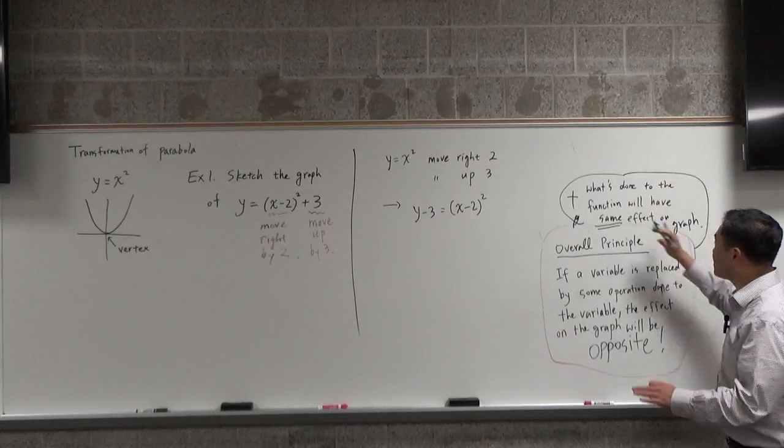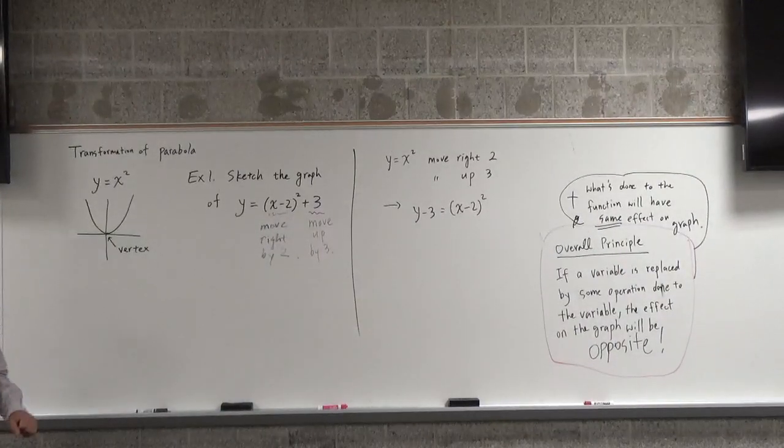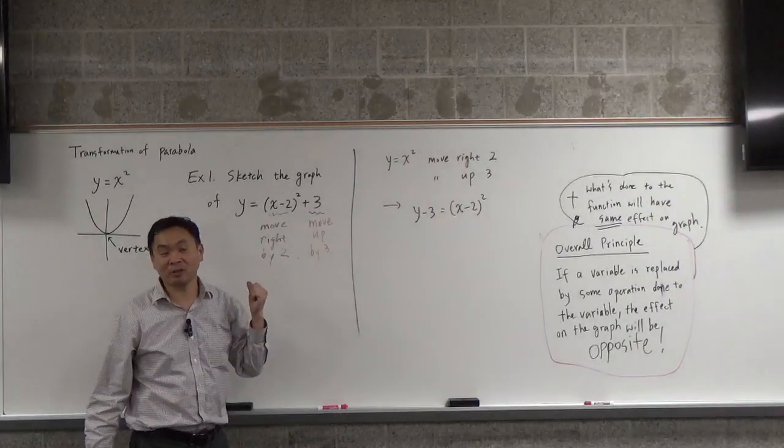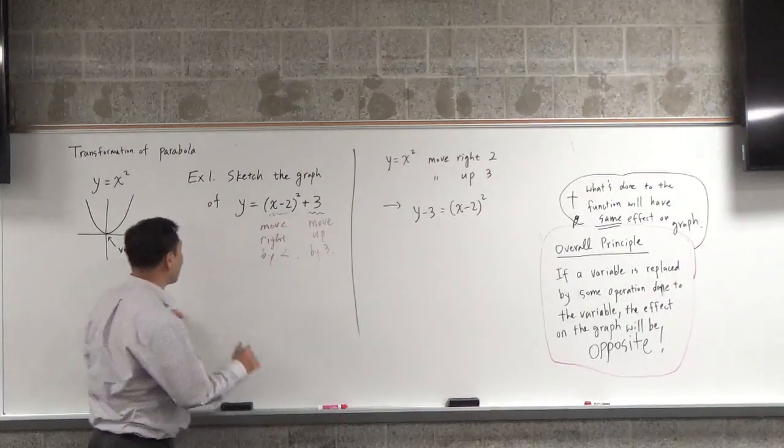Okay? So that's this extra thing that you have to understand. So if you add 3 to the function, it will move everything up by 3. Is that good? Yes. All right, so now what's the graph?